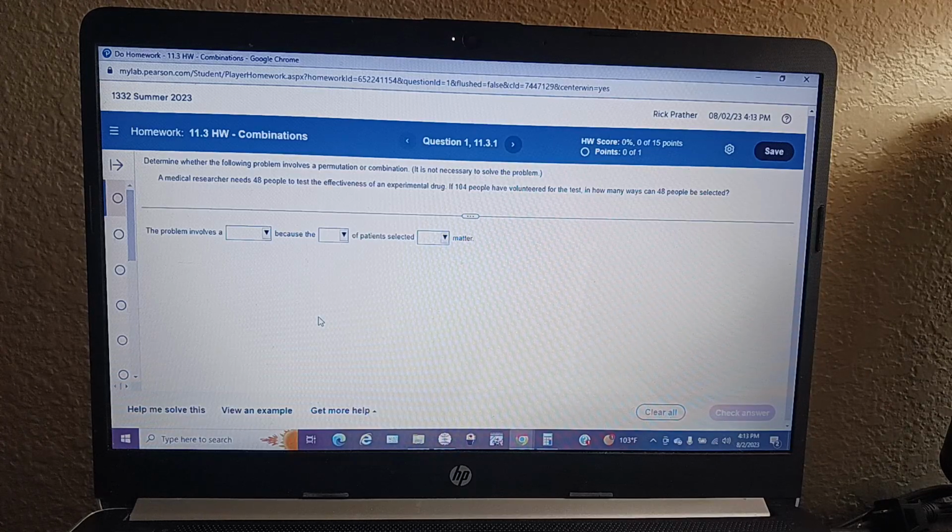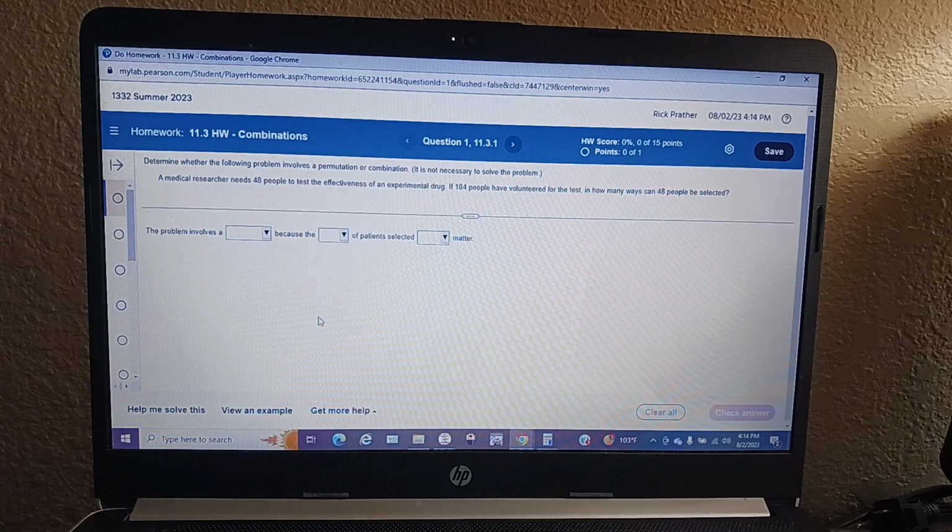It was a little easier last week because we just had our two basic types and they were different from each other, but now this one is very similar to section 11.2. So if you're going to make a series of decisions, two or more decisions, and you need to pick one of these, one of these, one of these over and over again, that's the fundamental counting principle. That's the easiest kind, and you just multiply all the possibilities together, like the Olive Garden example.